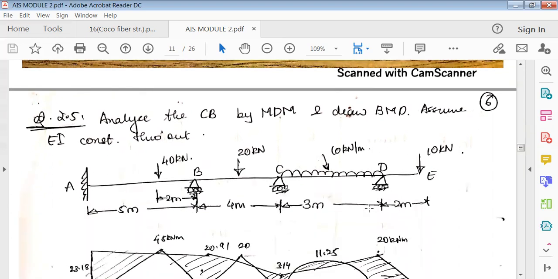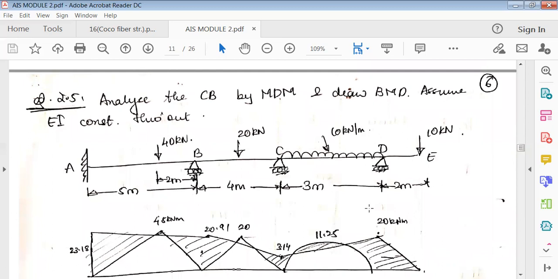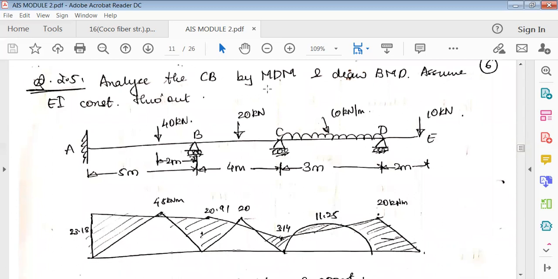Similarly, you can see here also, in this portion: analyze the continuous beam by moment distribution method and draw the bending moment diagram. Assume that EI is constant throughout. You can see here A, B, B, C, C, D. It is the same as the previous problem, but what happens here is at D. For example, A is a fixed support, B is an intermediate fixed support, C also an intermediate fixed support.